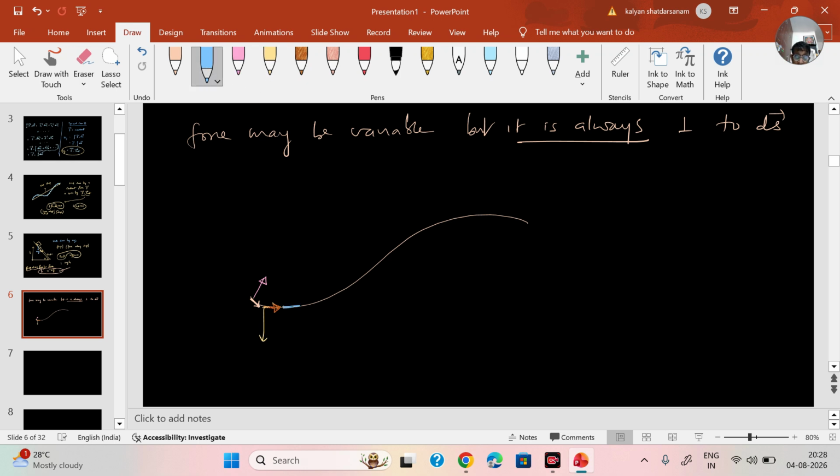Next moment the displacement may be like this, the force may be like this, but it is always perpendicular to displacement. Next moment the displacement is like this, the force may be like this, perpendicular to displacement. So even though the force is variable, whenever you look at it, the force is perpendicular to that ds.